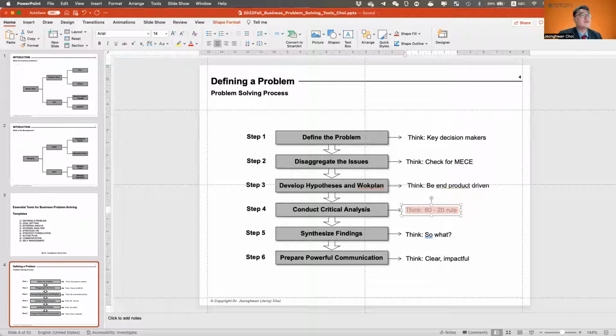And more practically speaking, your boss will tell you, come here, please solve this problem, conduct this until today. You have only 3 hours.